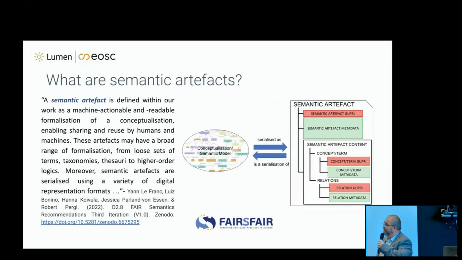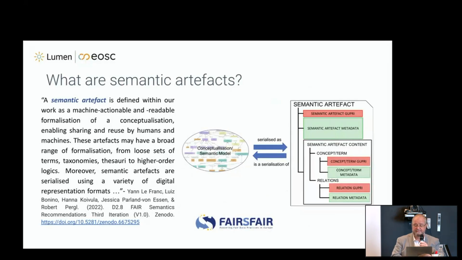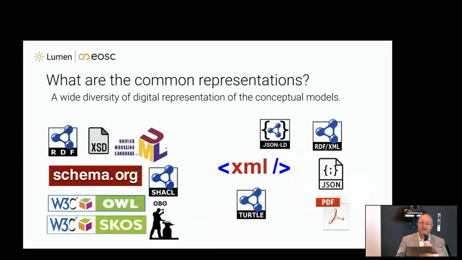And they can have a broad range of formalization from a loose set of terms, taxonomies, thesauri, to higher order logics. Moreover, they are serialized with a variety of digital representation formats. And these are the definitions we had in the FAIR-IMPACT project, which is now over 3 years ago, I think. Because we were actually discussing how to make them FAIR.